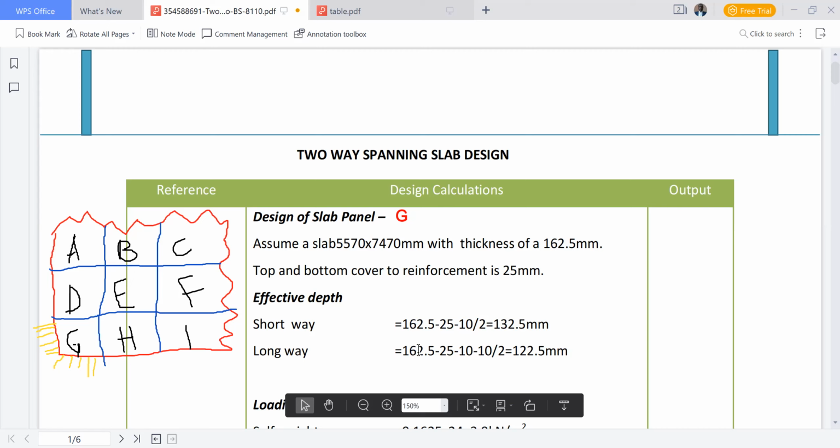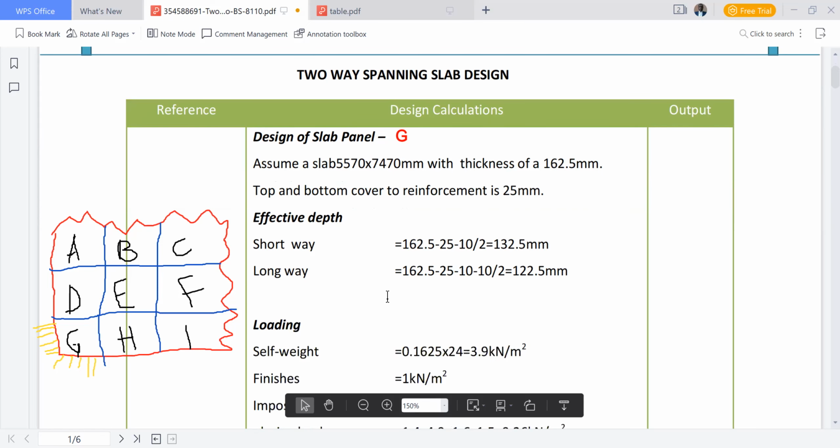For the longer span, it will be total thickness, subtract cover, subtract diameter of bars in the short span, subtract diameter of bar divided by 2. Now we are assuming when you are computing longer span, you already have bars in the shorter span. That's why we subtract diameter of bar and another diameter over 2 in a long span.